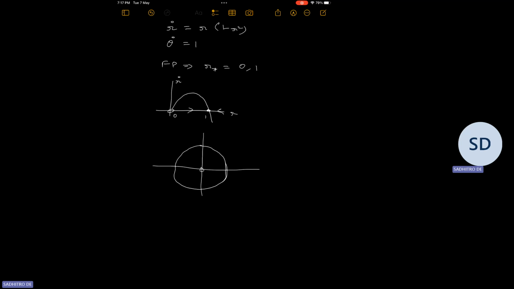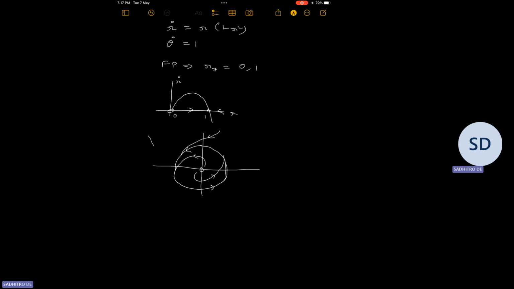So what happens is that a trajectory close to the origin starts up like this, and then it approaches the limit cycle. So the limit cycle is basically given by the circle of radius r equal to 1. Similarly, any trajectory which starts from outside will approach it like this.